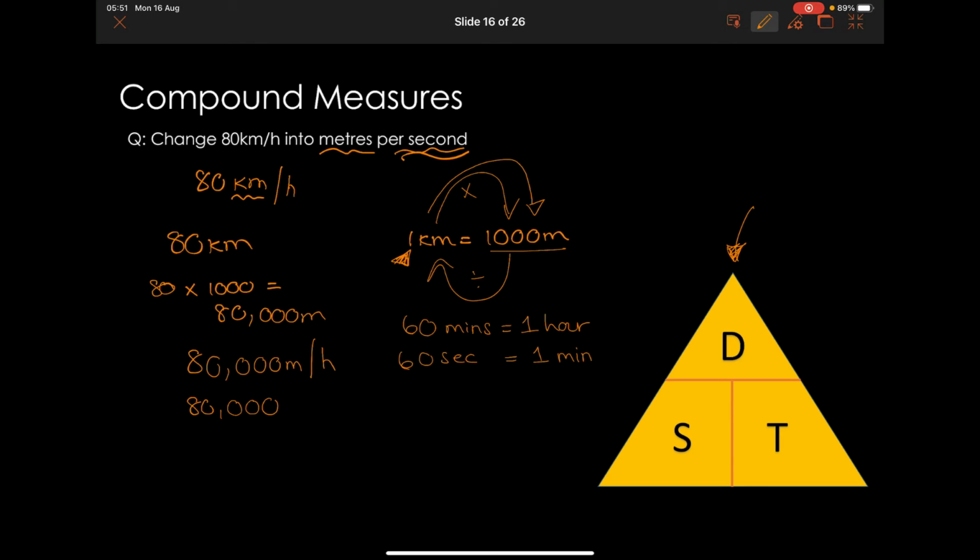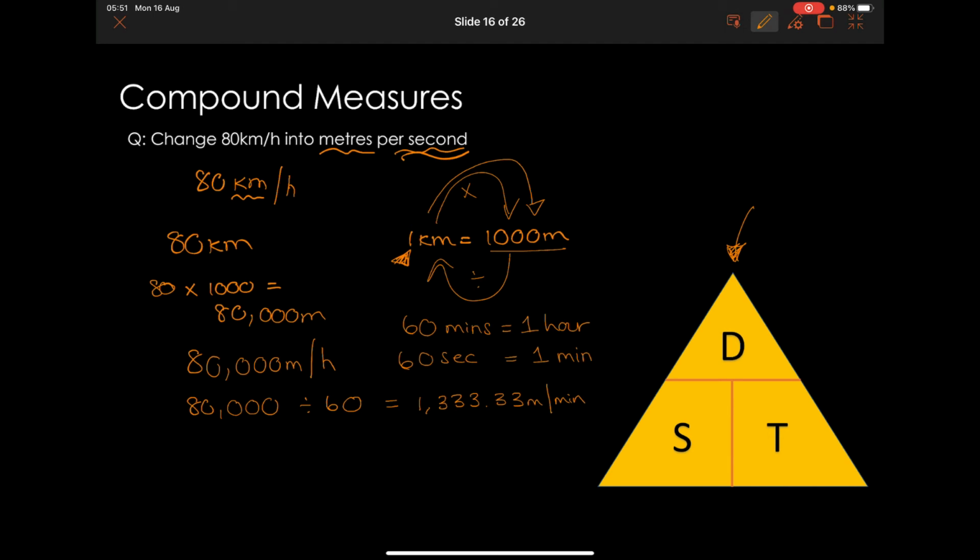The reason I'm dividing by 60 is because if in a whole hour I'm travelling 80,000 metres, then per minute is going to be smaller. So how much am I going to travel in every minute? If I do that on my calculator, it gives me 1,333.33 metres per minute.